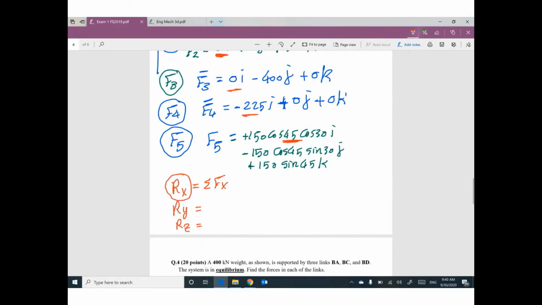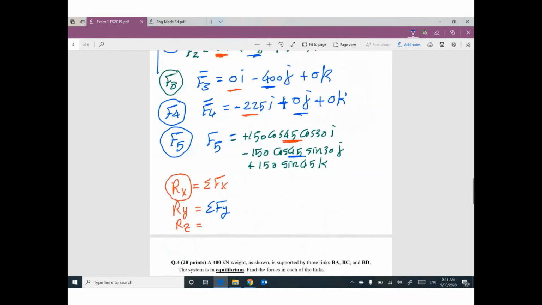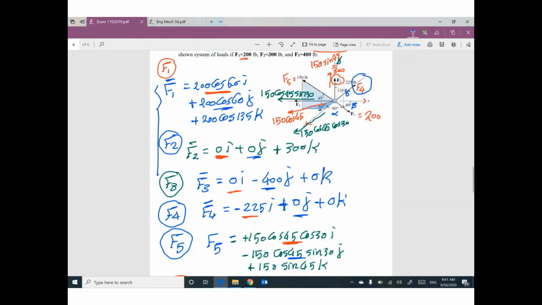If you are looking for the y component, it is the summation of all y components of the forces. So go back and add the y components. What is the value of the z component? The summation of all z components of the forces. Add them up and you get a number.